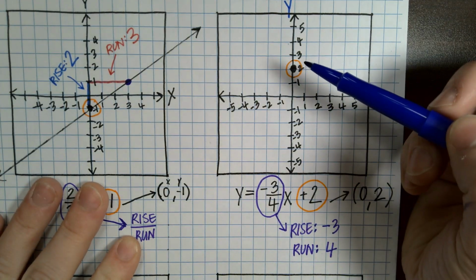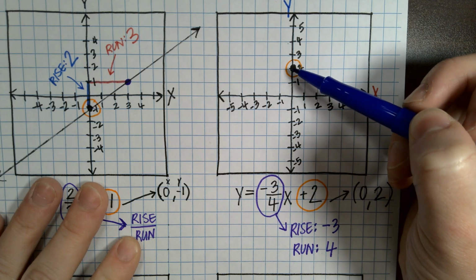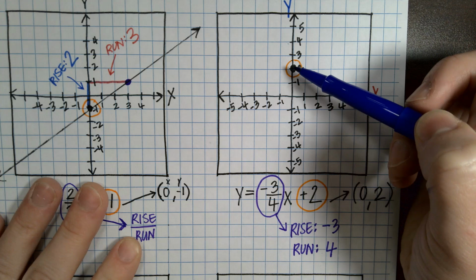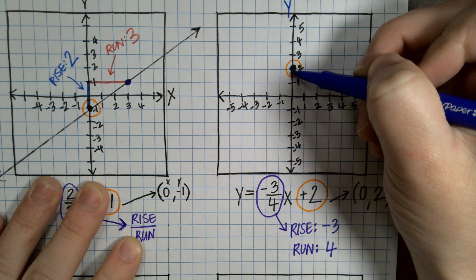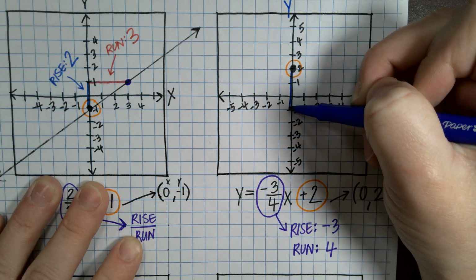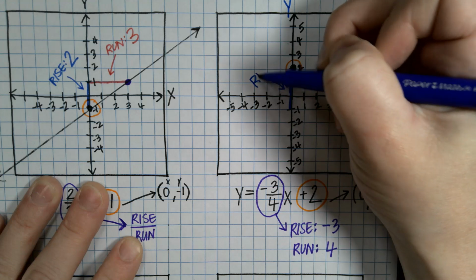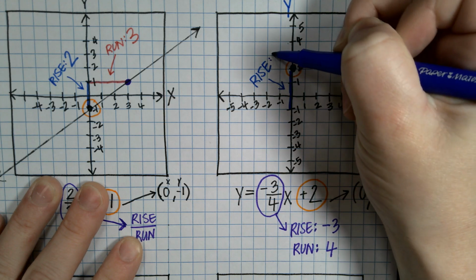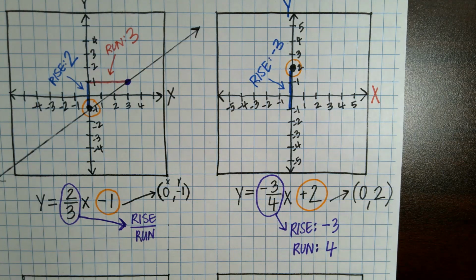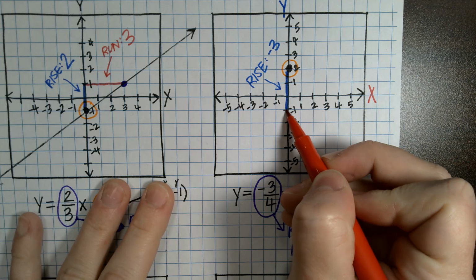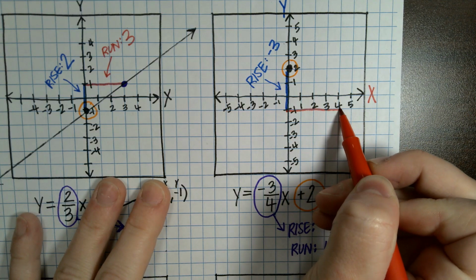So we're going to rise negative 3 from this point, 2. So if I rise negative 3, what direction do I go? Down. Good. So I'll go down 1, 2, 3. My rise was negative 3. And what's my run? 4. So I'm going to go over 1, 2, 3, 4.